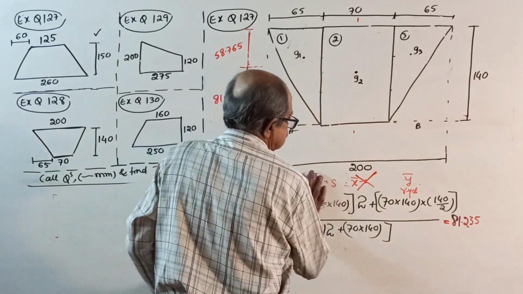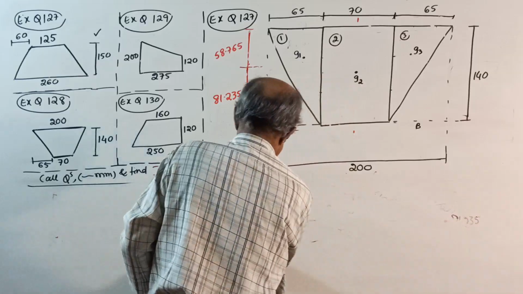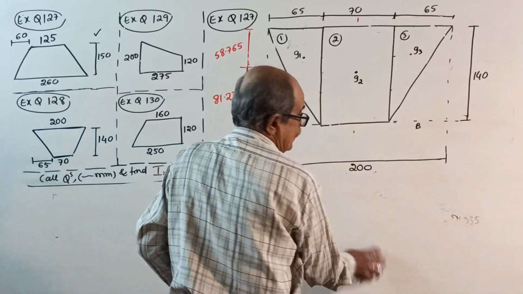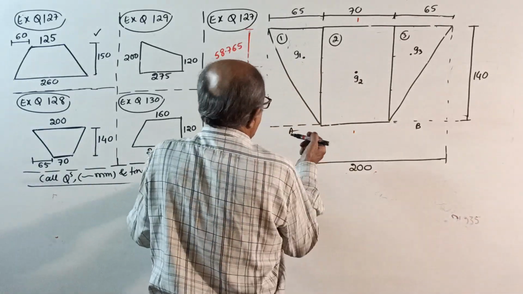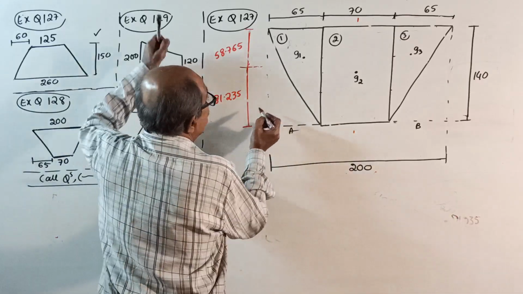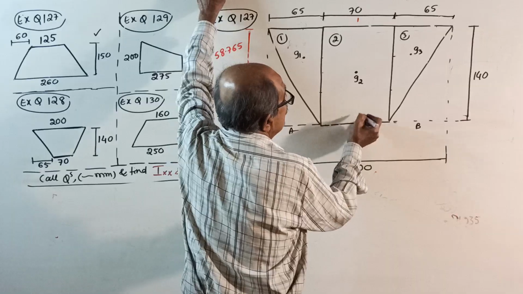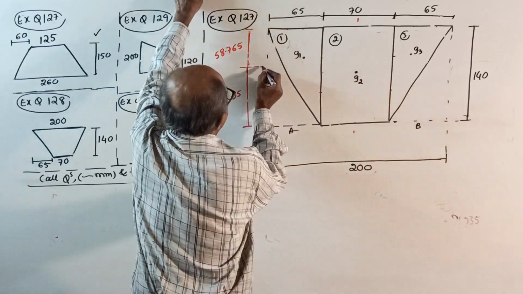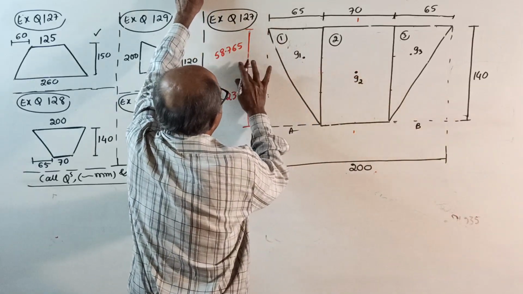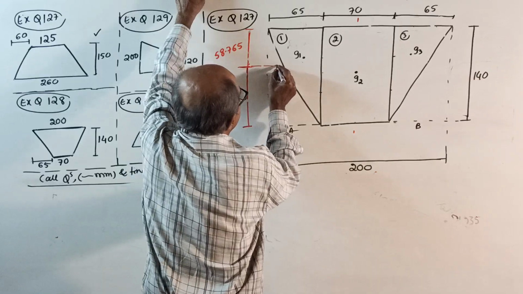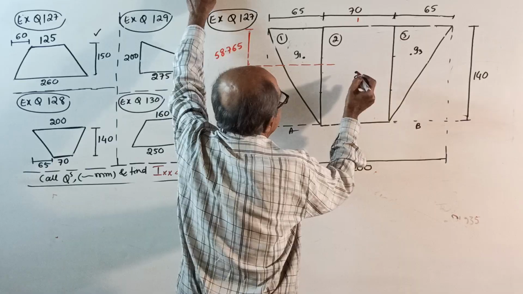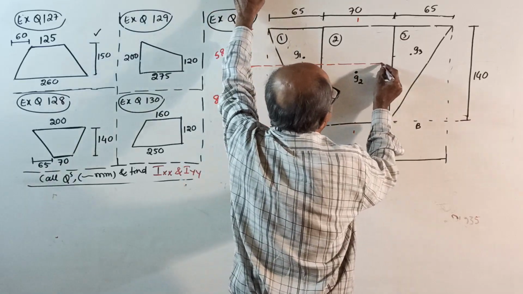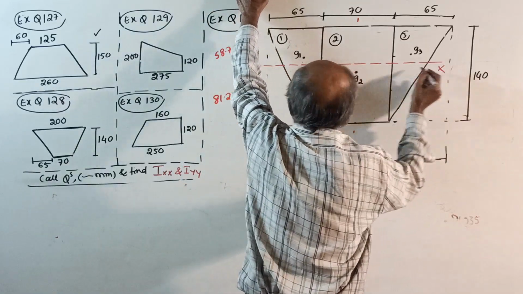Okay, now, moment of inertia. See, so this is now X. Where is Y? 81.235 means, see, here to here is 70. Little above 70, but below G1. X axis.